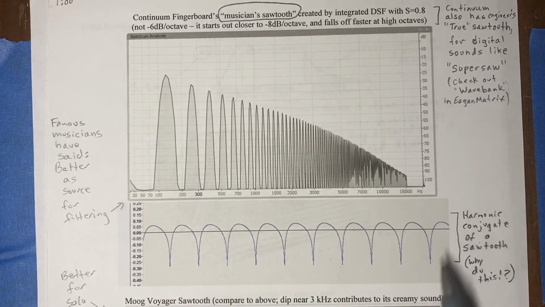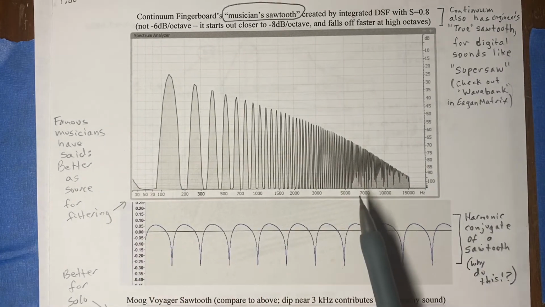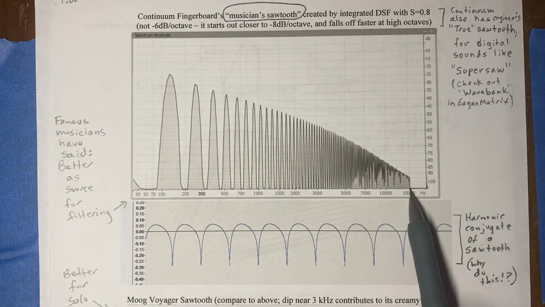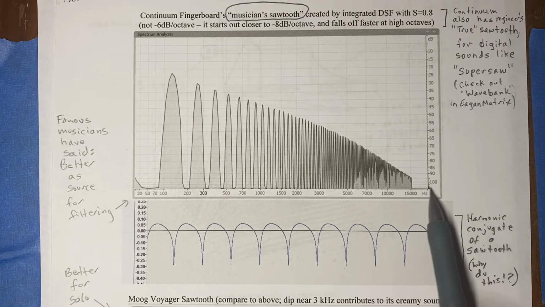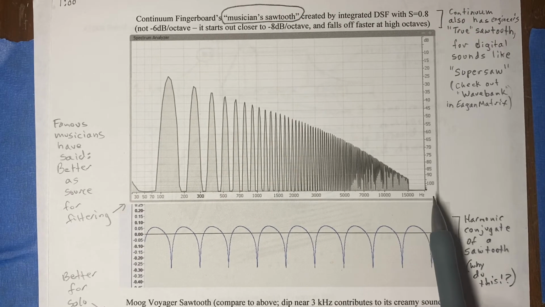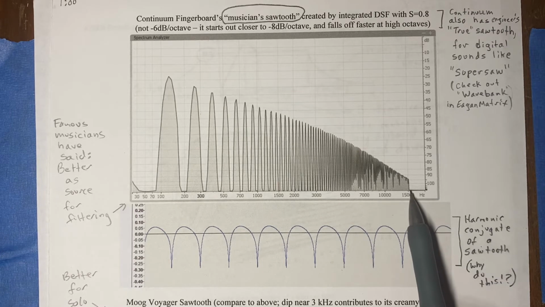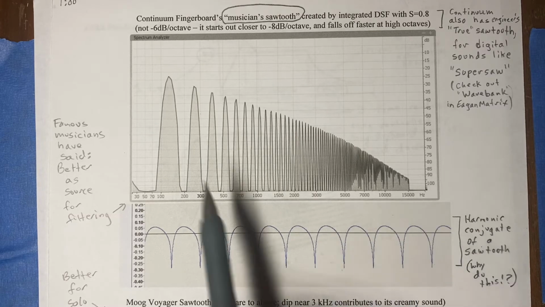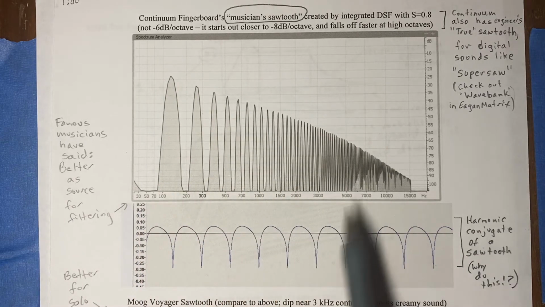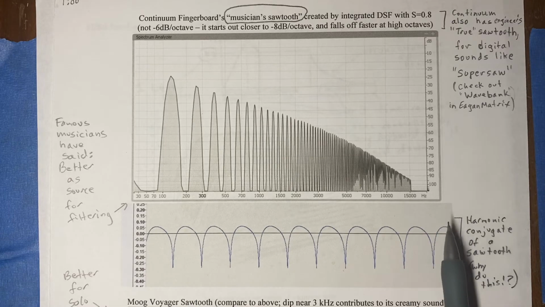In fact, here's a spectrum for it. So there's several things you'll see about the spectrum. Over here, it goes to 0 at the half sample rate. You can see this one here was done at 36 kilohertz, I think. It goes to 0. That big K parameter really works. But look at this slope here, right? This is constant octaves here. So you would expect it to be 6 dB per octave, but it isn't.